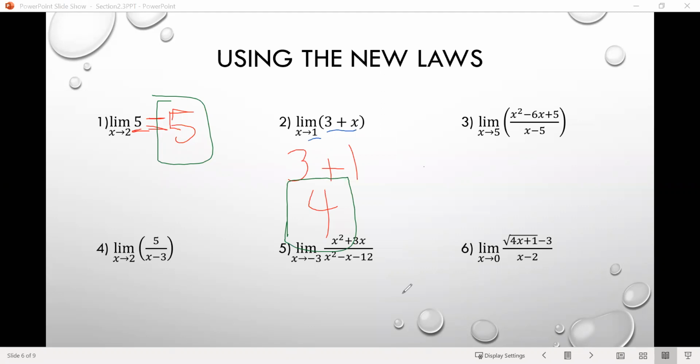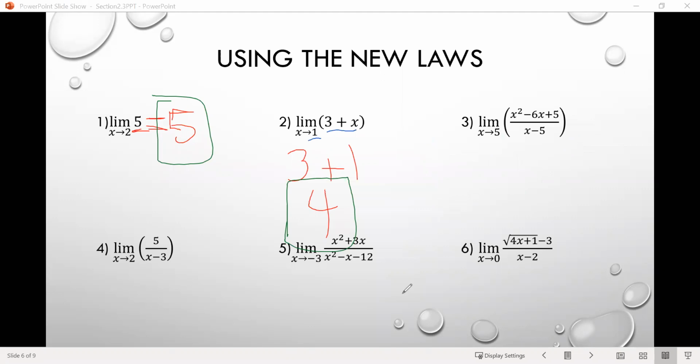So I could break this into the limit of the top function, x squared minus 6x plus 5, divided by the limit of x minus 5. But notice, 5 is in the domain of both of those functions separately, but if I plug it into the bottom one, what happens? You guys are right, we end up with 0 down there, and that's not allowed. We can't divide by 0, right? So we have to use some other approach here.